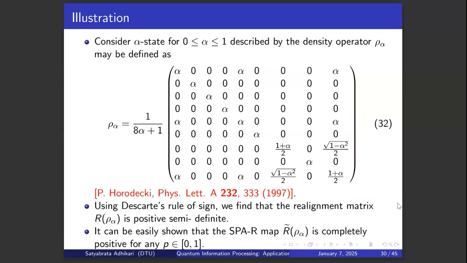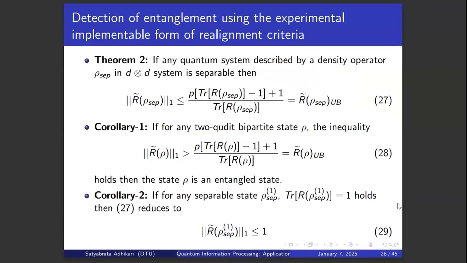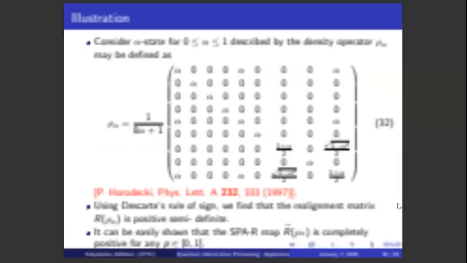This means that this state cannot be detected by the positive partial transposition criteria, so the PPT criteria fails here. We would like to use the realignment criteria to detect whether this state is entangled or not. We will use the alternative form of the realignment criteria given in equations 27 and 28, because it is an experimentally realizable criteria.